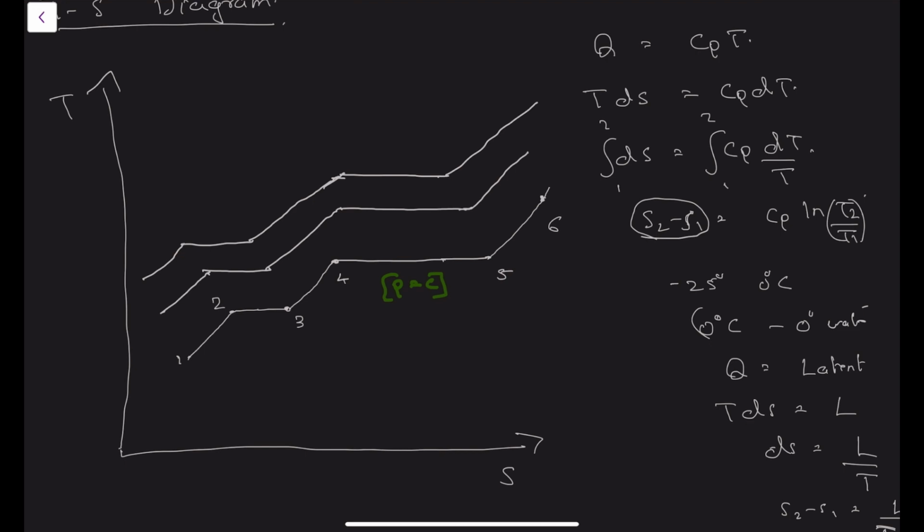So here it is 1, 2 dash, 3 dash, 4 dash, 5 dash, 6 dash. And 2 double dash, 3 double dash, 4 double dash and then 5 double dash, 6 double dash. So if you draw the locus of all these saturation points, you will get like this.